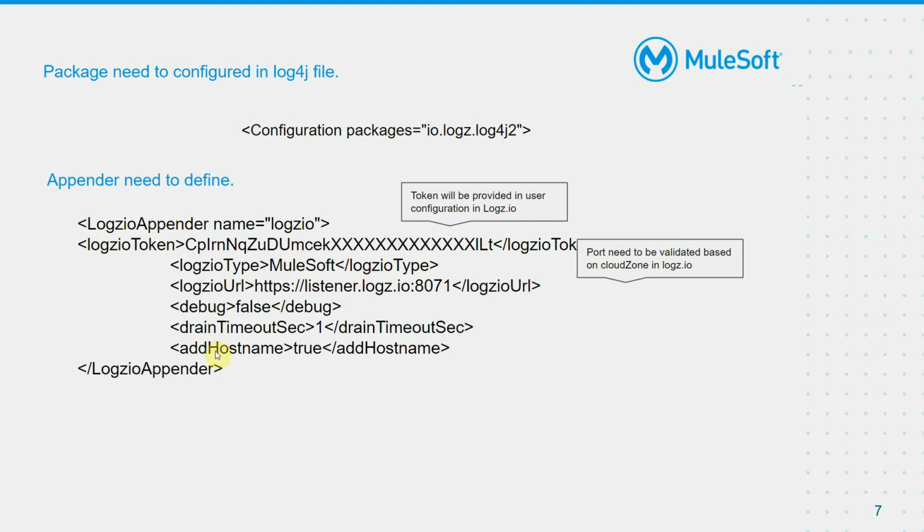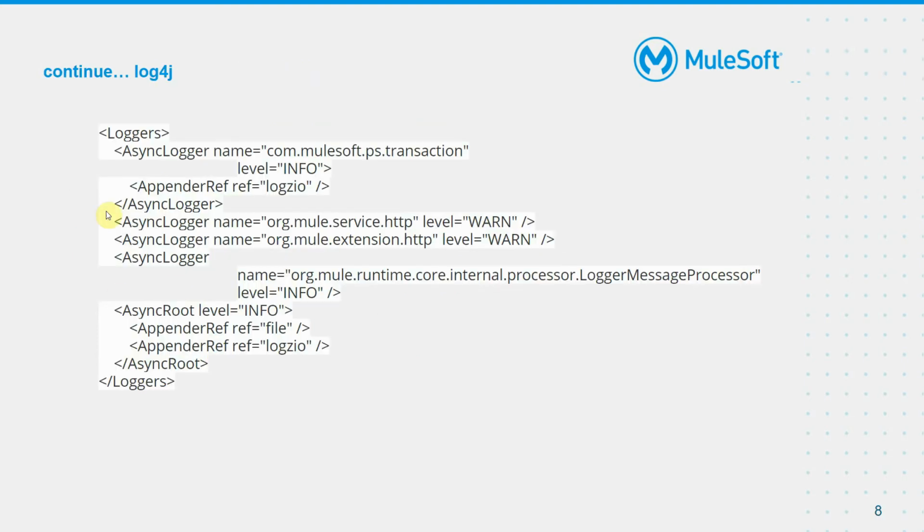We also need to add the logger section into Log4j. I can define it in the info section, or I have defined a separate logger section with the category com.mulesoft.ph.transaction, which we can use as a category for sending logs to logz.io.